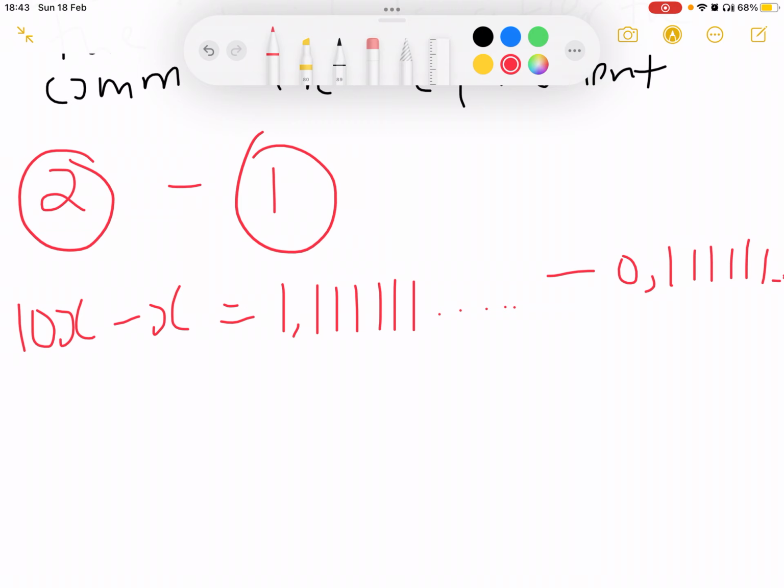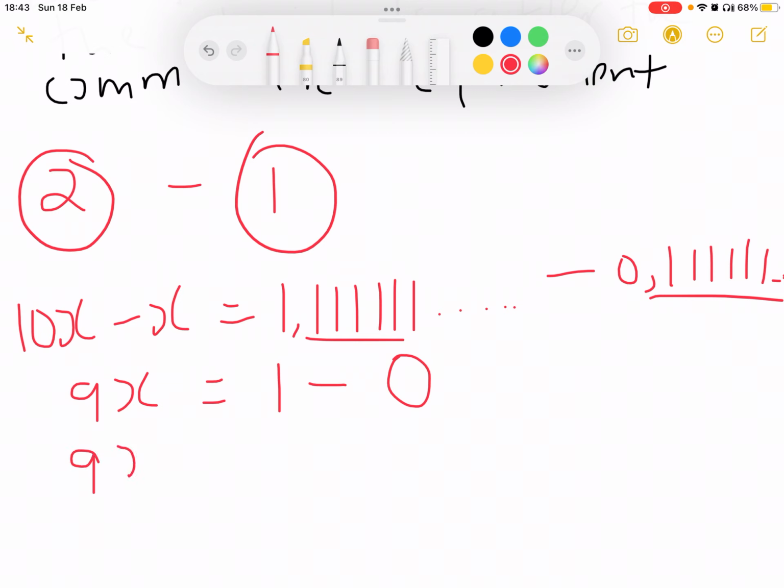10x minus x gives us 9x, and 1.11111 minus 0.111 is basically 1, because the decimals subtract each other and we've eliminated them. So it's like saying 1 minus 0, which of course is 1.